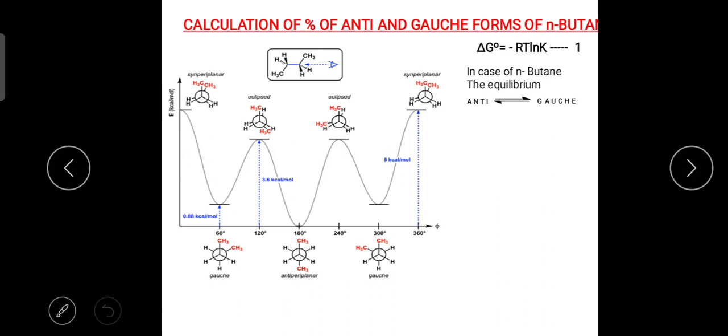And in the case of n-butane, there arises an equilibrium, that is the anti-gauche equilibrium, and this anti-gauche equilibrium has an enthalpy value, that is ΔH, equal to minus 0.8 kilocalorie per mole or 3.36 kilojoule per mole, which I discussed previously.